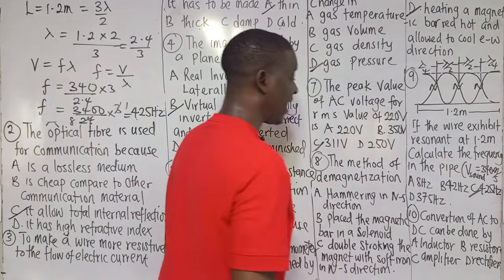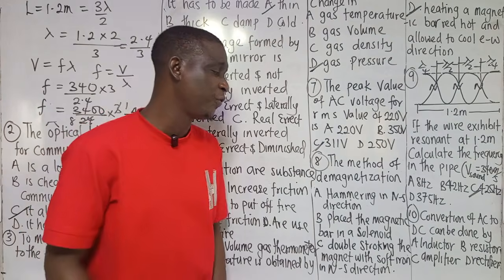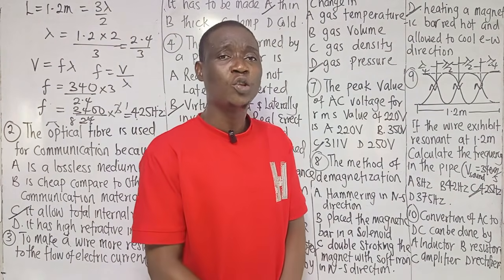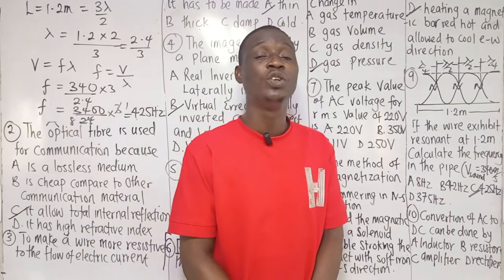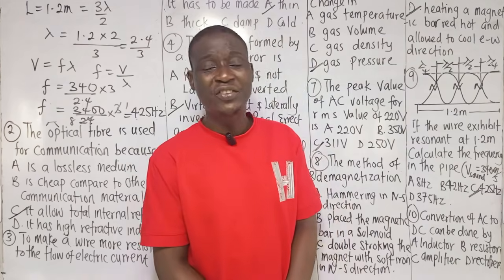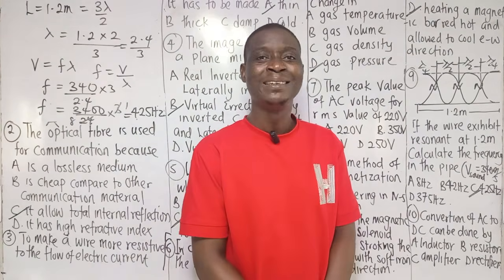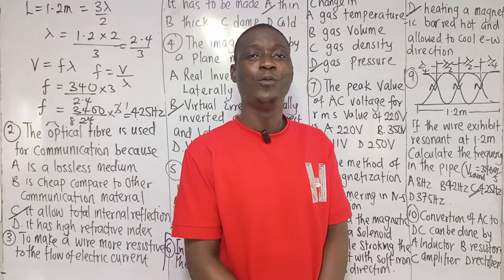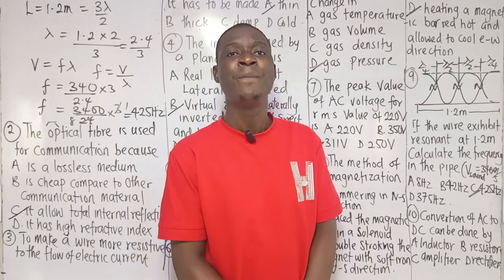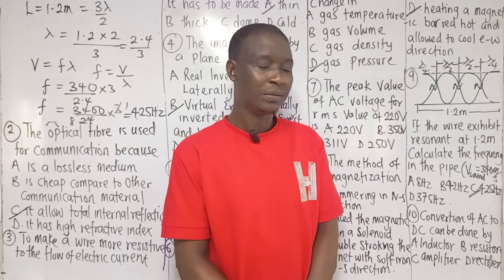The last one says the conversion of AC to DC can be done by dash. An inductor is used to reduce variability of current in an AC circuit. A resistor is used to limit current, or it can be used for the voltage divider rule or current divider rule, and it can also be used for dissipating heat energy or power.